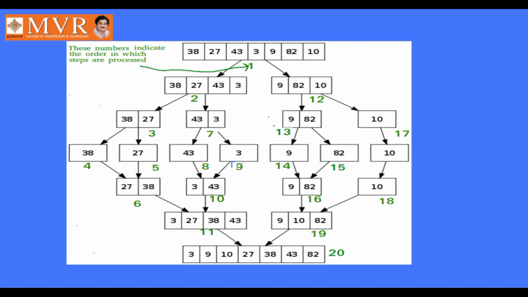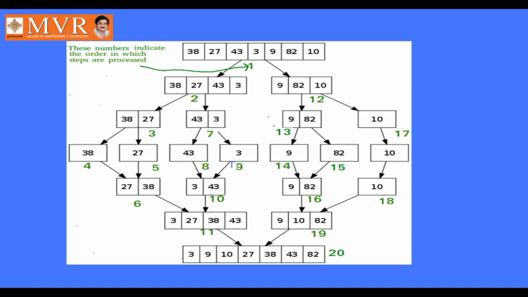In the 11th step I compare the 6th step and 10th step, that is 27, 38, 3 and 43. I compare the 4 elements with one another, and if they are not in ascending order, I sort them in ascending order and swap the elements and bring them into order and combine them in the 11th step.